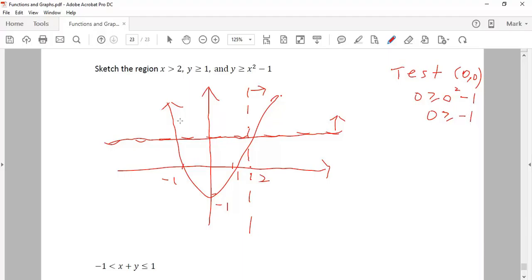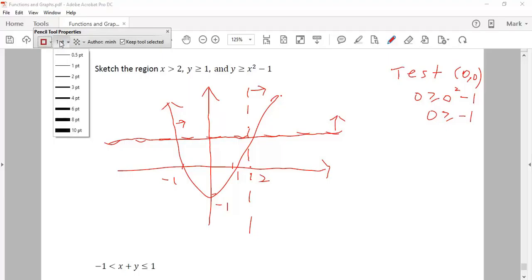So that means we've got to shade the bit on the inside of the parabola. So since this is an AND question, we've got to shade the bit that relates to all of them. So we want the bits above the line, inside the parabola, and on the right of the x equals 2 line. So it's just going to be this little section here that needs to be shaded.